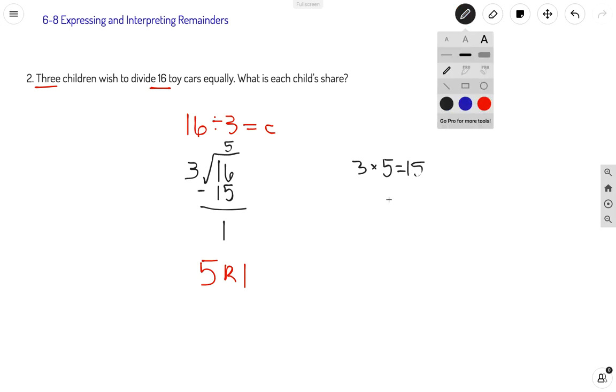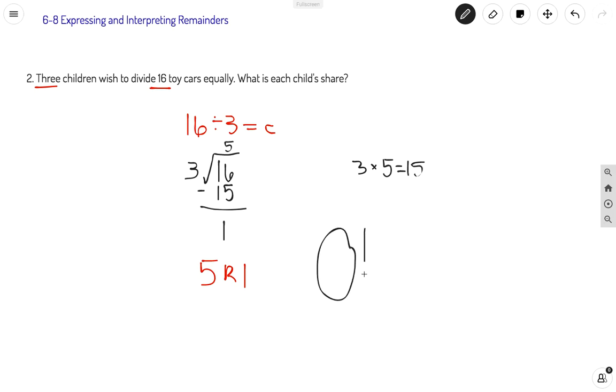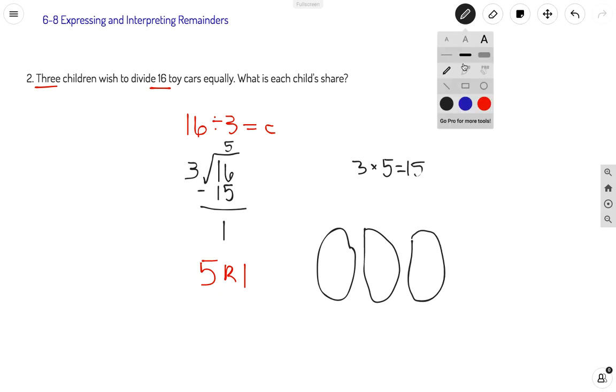So I'm going to think to myself, okay, I have 3 children, and they each have 5 cars. So 1, 2, 3, 4, 5 cars.